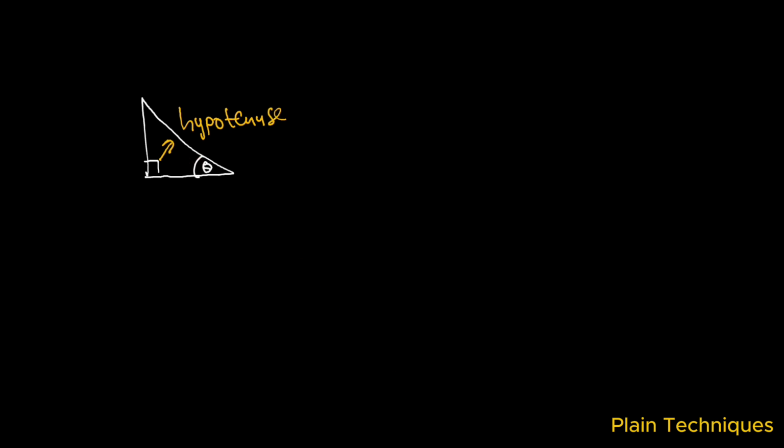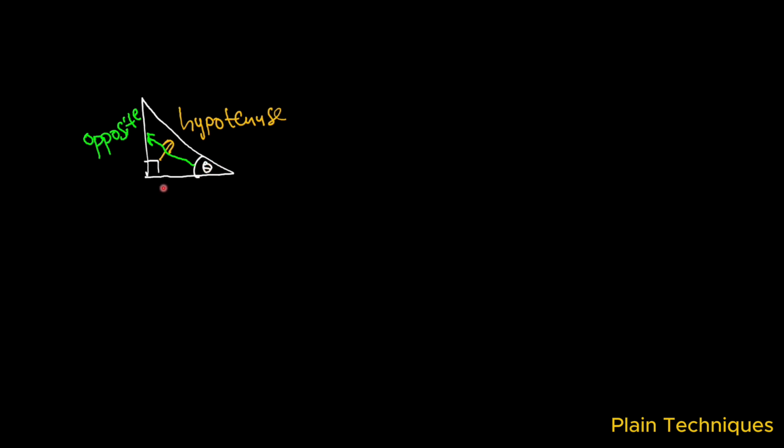So this is the angle that I'm given and it's opposite this side, right? Therefore, this side is now my opposite, because it's directly opposite the angle that I've been given, right?